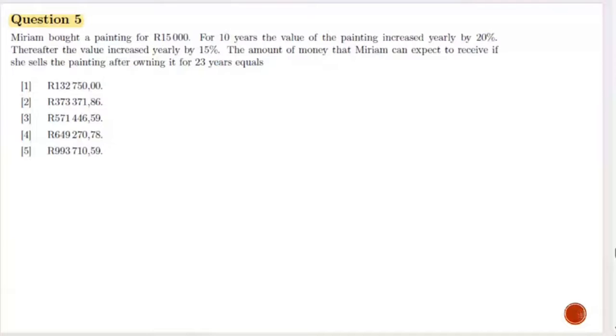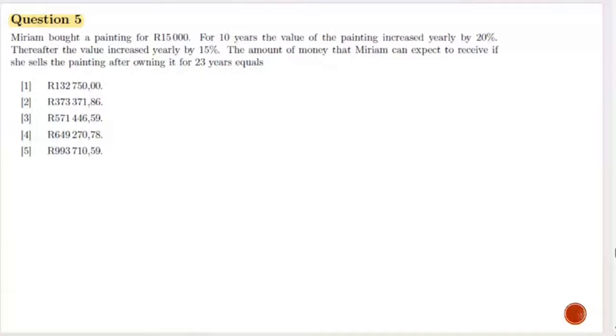For 10 years, the value of the painting increased yearly by 20%. That's another piece of critical information. These are the critical aspects of this question. Thereafter, the value increased yearly by 15%.